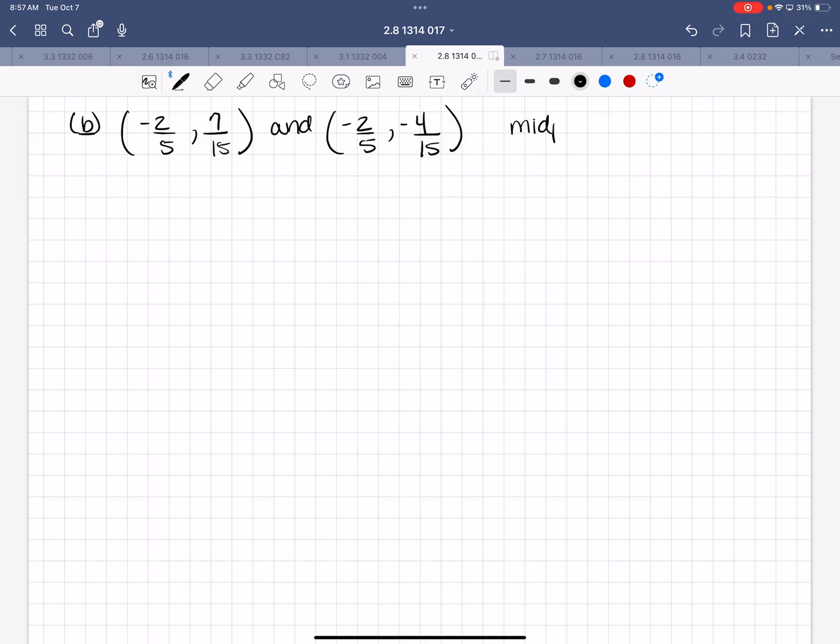But we've got our midpoint here. The formula is (x1 + x2)/2 and (y1 + y2)/2. I'm going to plug those in. I've got an x1, y1 and an x2, y2.